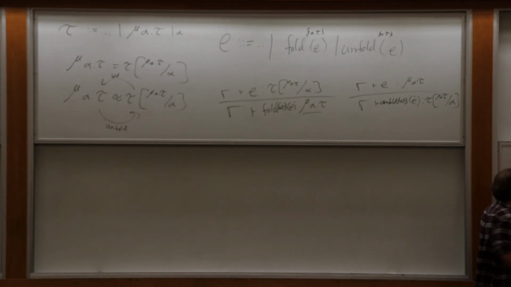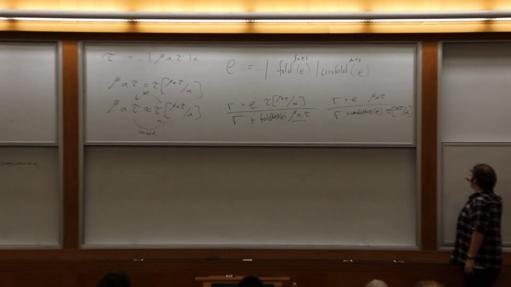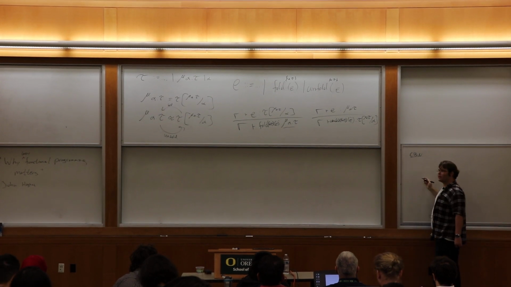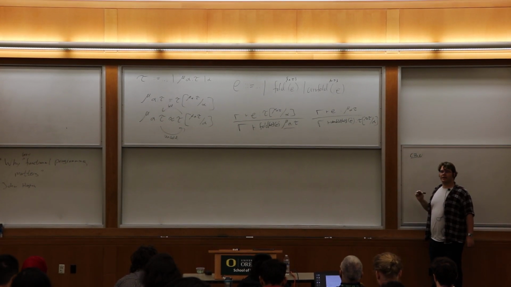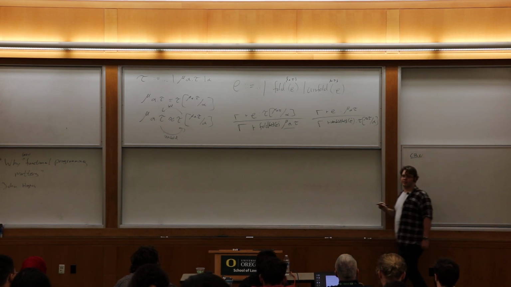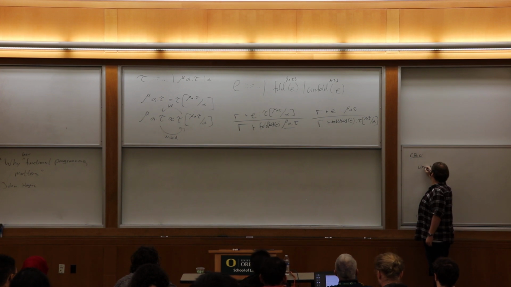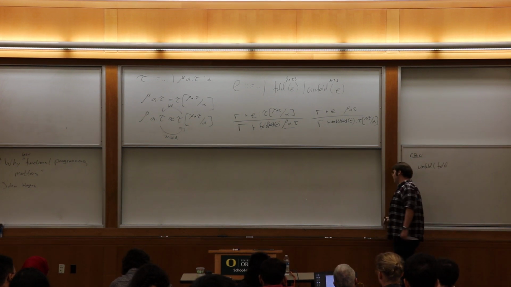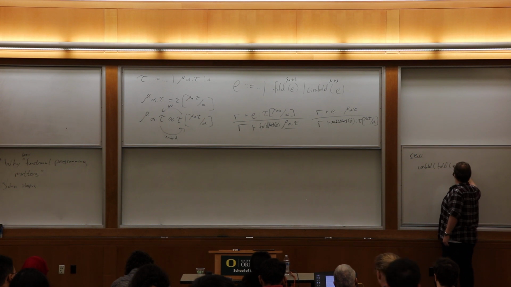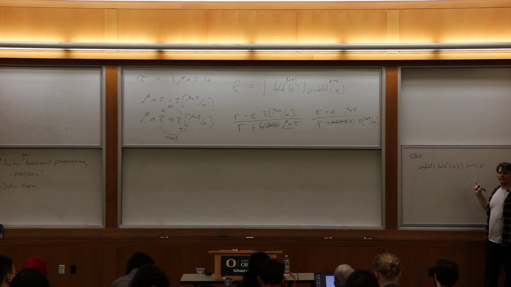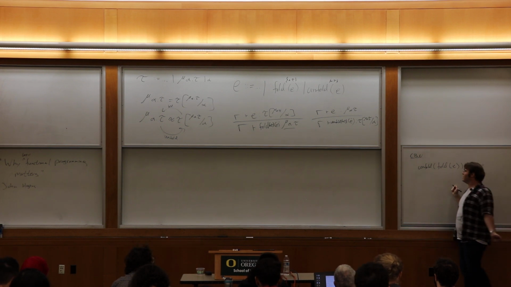Let me finish the dynamics real quick. So what should that be? I'll first do the call by name because it's fairly short for both of them. So what are the rules for running fold and unfold? And right, they just go back and forth. They just undo each other. So if I have an unfold of a fold, then that just goes to E. And what else?